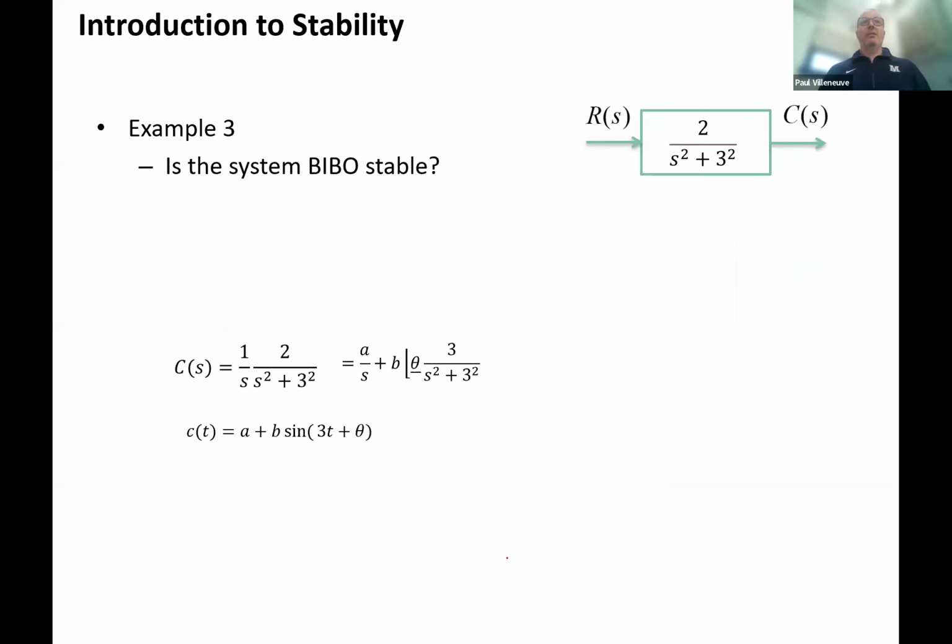How about this one? Can you tell if it's BIBO stable? Well, there's no s term here, right? There's no s to the 1 term there. So if I was to do the quadratic equation, negative b plus or minus the square root of b squared minus 4ac, all over 2a, b was a 0, right?